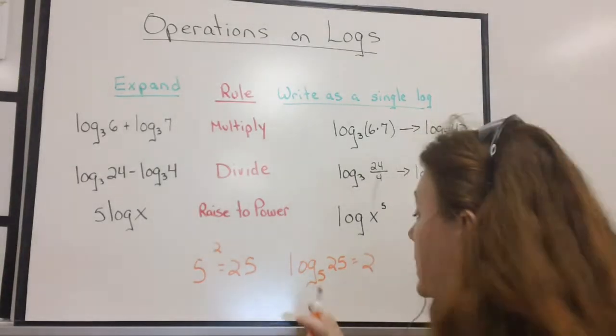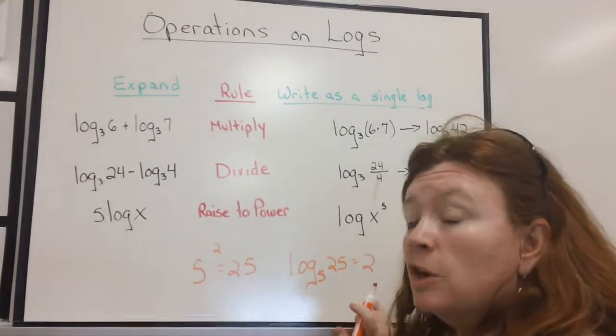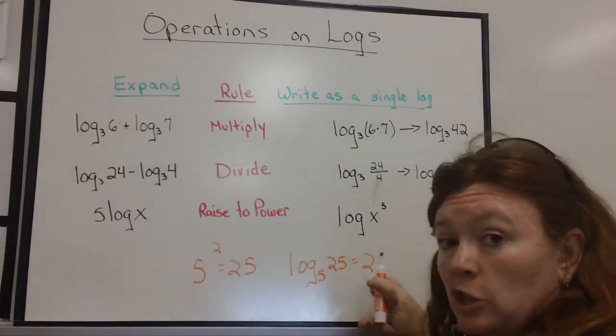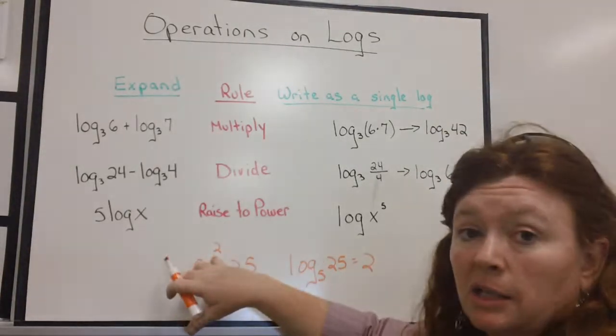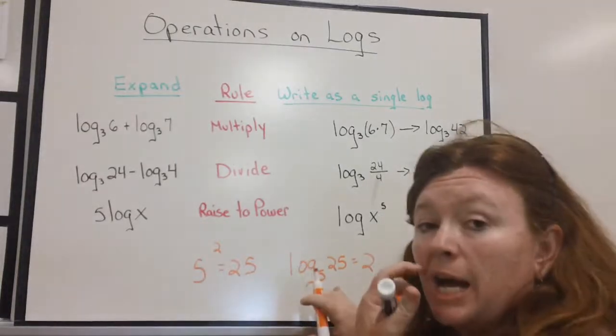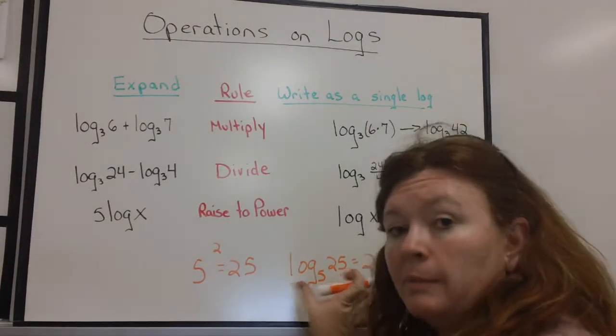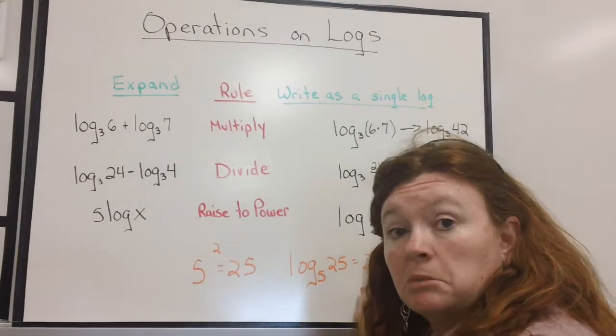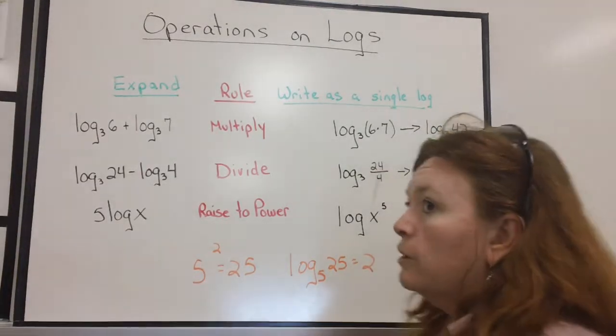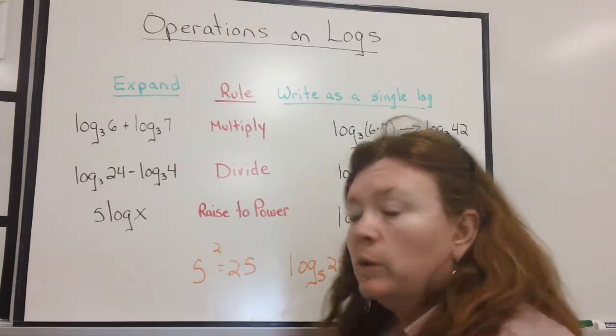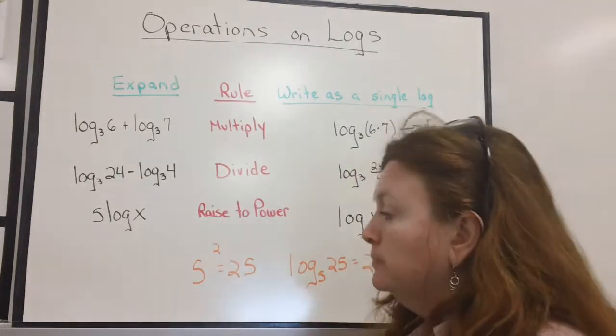In other words, in log form, I have solved for the exponent. 2 is my exponent, right there. When I write it in log form, I've shown that a logarithm is equal to an exponent. So we are going to have to use the rules for exponents to apply with logarithms.